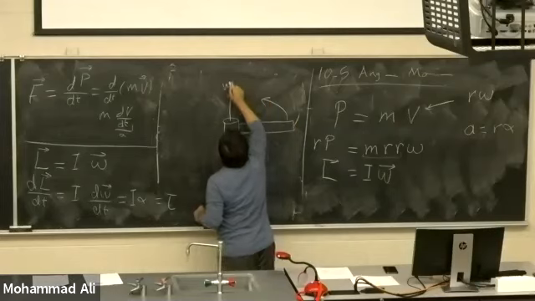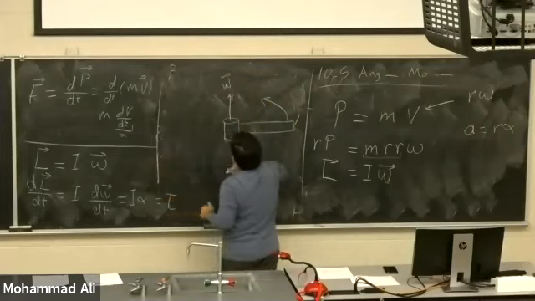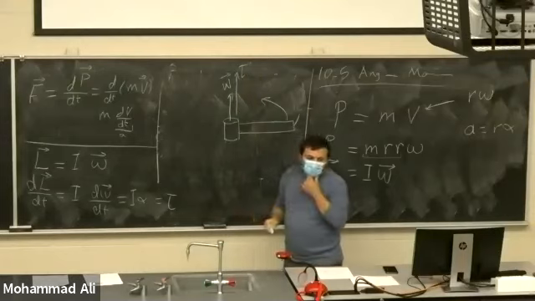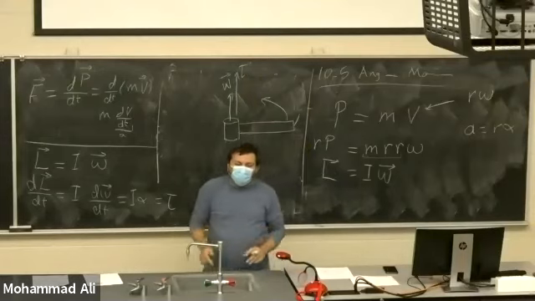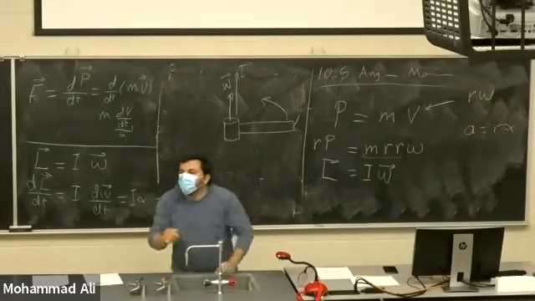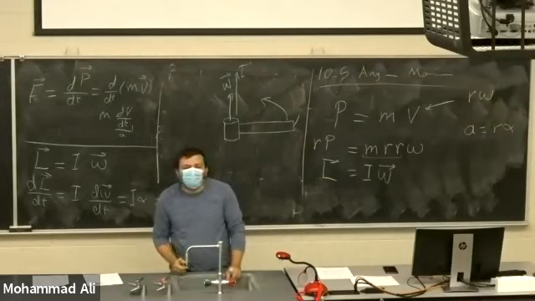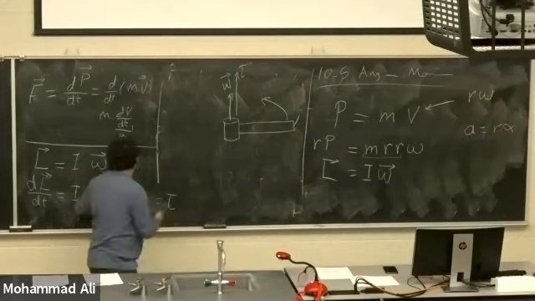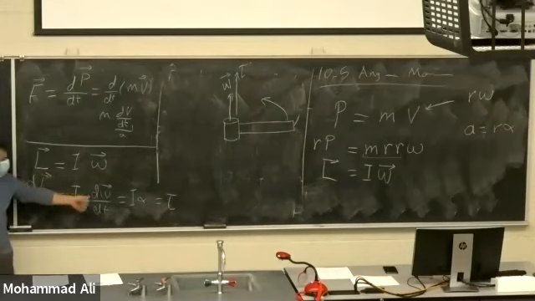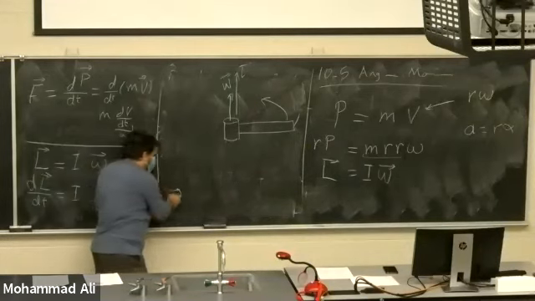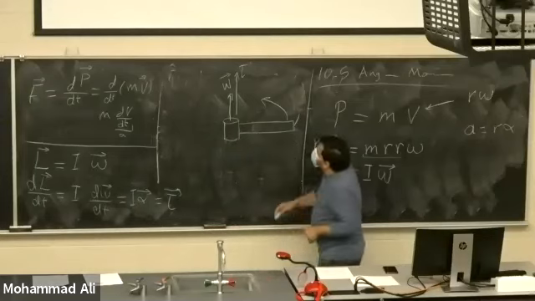The linear momentum is horizontal, but the angular momentum L is in the z direction again. Because L is in the direction of omega, and alpha is in the same direction, and it is the same direction as tau.